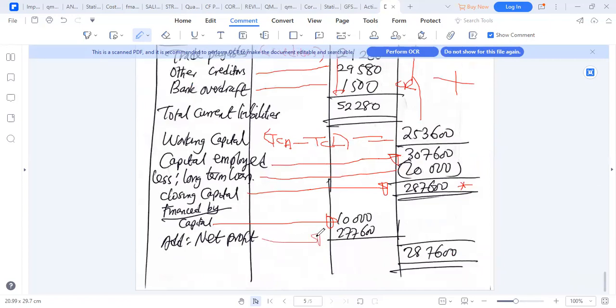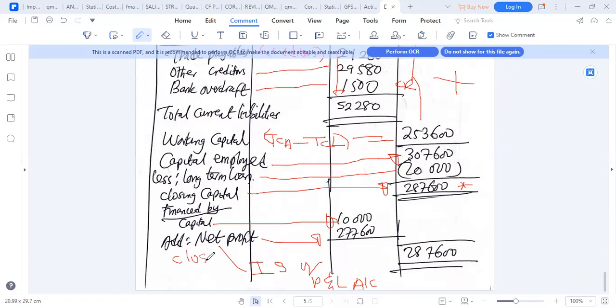Net profit came from where? The trading profit, income, comprehensive income. It came from the income statement or profit and loss account. After adding these two, we have this closing capital here.